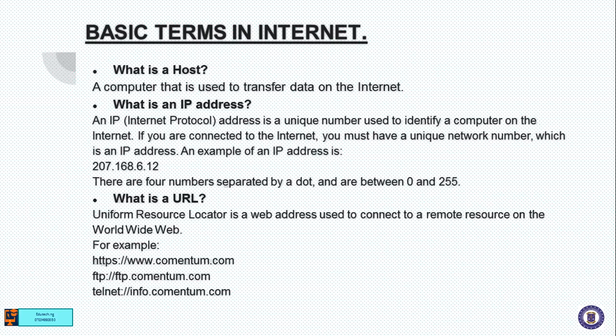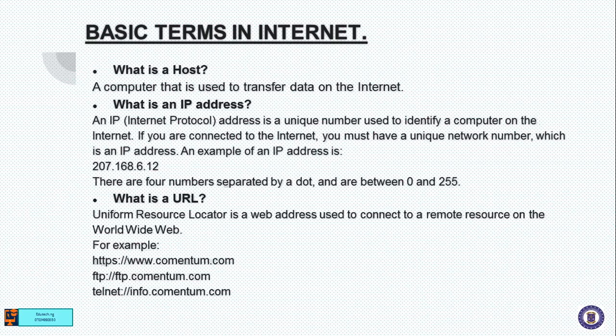Uniform Resource Locator is a web address used to connect to a remote source on the World Wide Web. The URL is used to specify addresses on the World Wide Web.